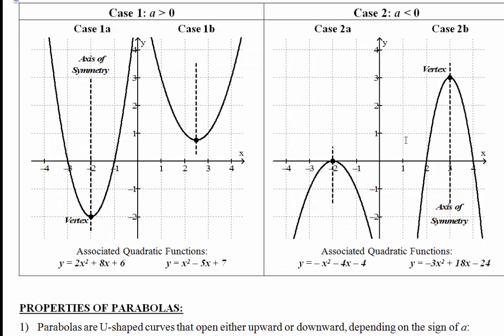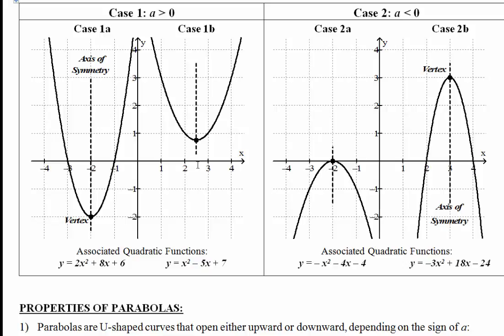Okay, so here are 4 parabolas, and you notice we drew this imaginary dotted line. There's an equation that can represent this imaginary dotted line, right? So in case 1a, the axis of symmetry would be at x equals negative 2, because my axis of symmetry goes through x equals negative 2. And in case 1b, the axis of symmetry looks like 2.5, right?